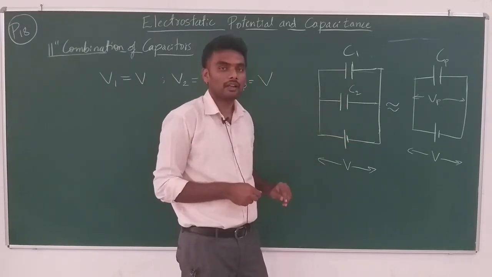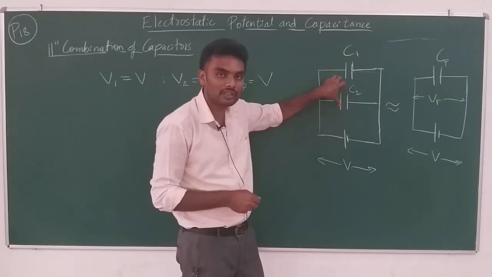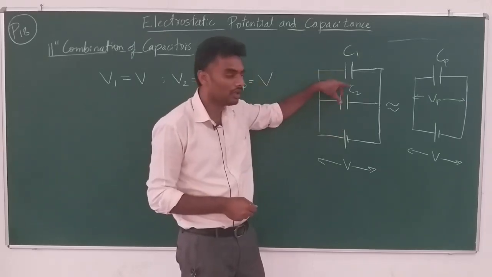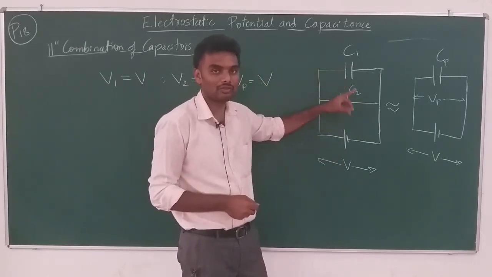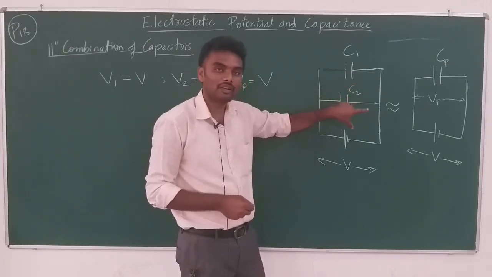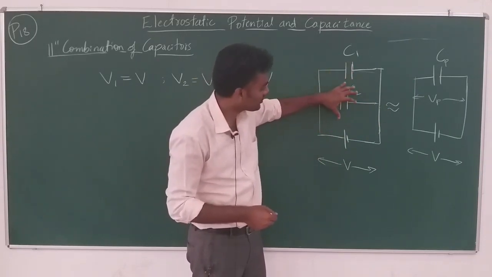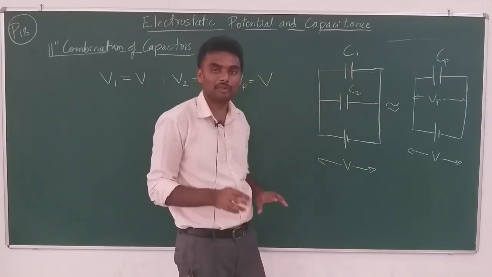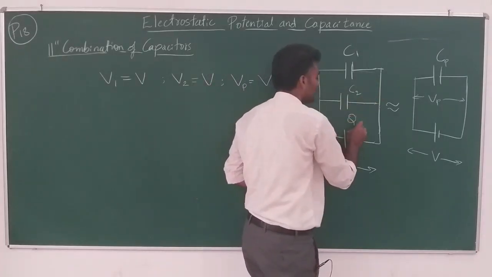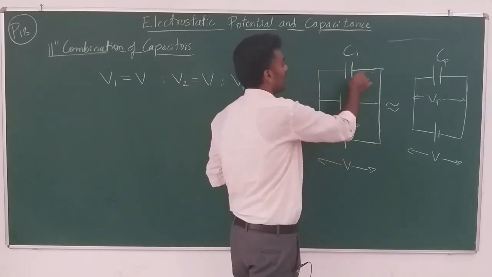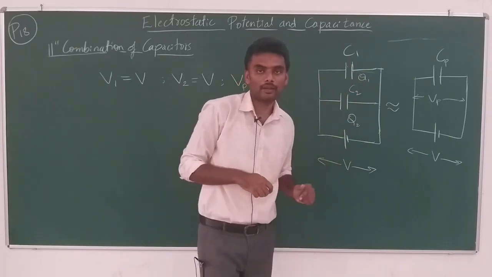Unlike the previous derivation, here we will have different amounts of charge stored in individual capacitors, because V is the same but they have different capacitances. So Q is dependent on C, and the amount of charge stored in these capacitors will be different. Let Q2 be the charge stored in capacitor C2 and Q1 the charge stored in capacitor C1.